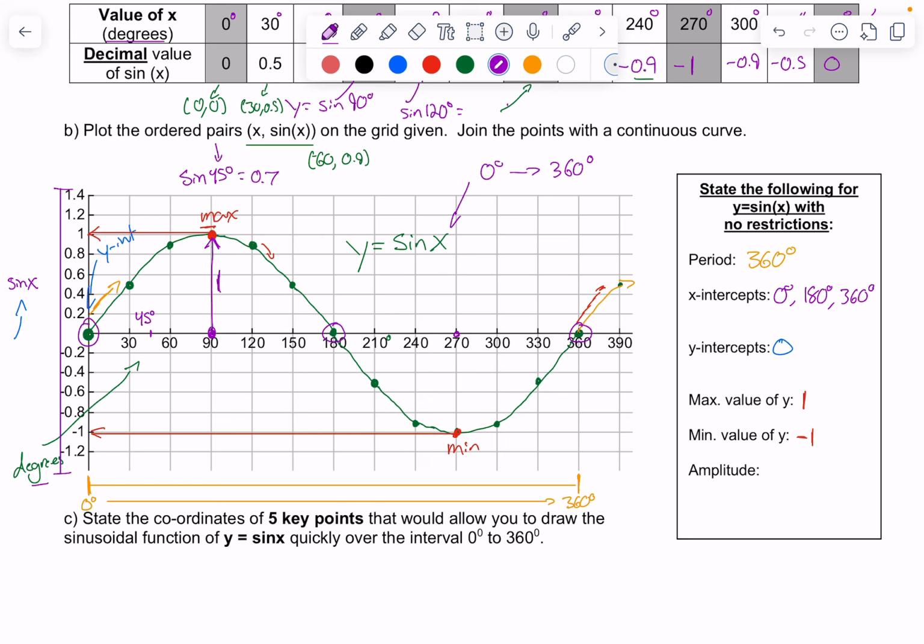Same thing here. How far would you have to go down to go here? Well, that'd also be 1, right? But let's mathematically show it. Max minus min over 2. So that is 1 minus -1 over 2, giving us 2 over 2, or 1.